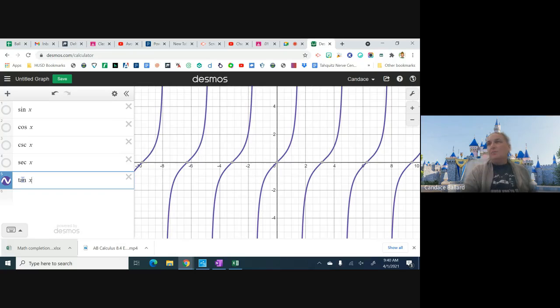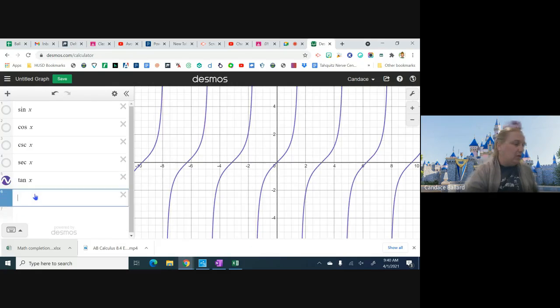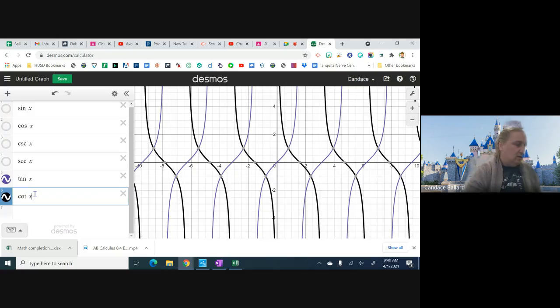The graphing calculator really squishes this one down, but Desmos shows it so that it looks like a heartbeat monitor. Again, we've got some asymptotes going on there, right? And then cotangent flips it the other way. Technically it's flipping across the x-axis: this part ends up down here and this part ends up there. So that's what's going on.